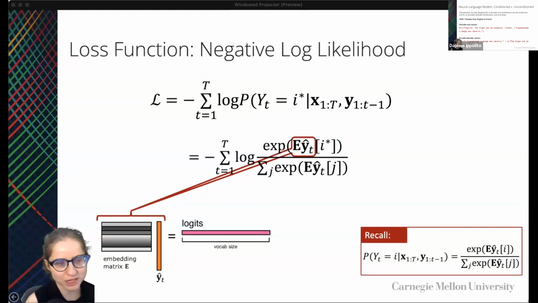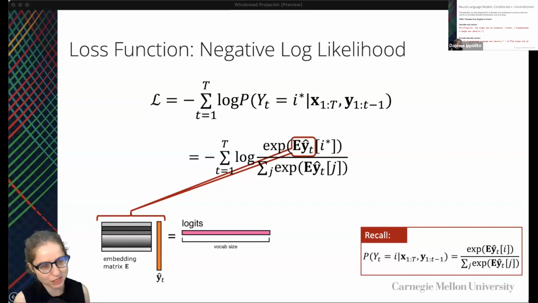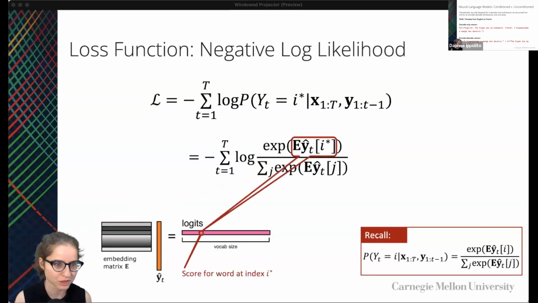We don't care about any part of it except for the position that is the true next token in the sequence. So what we care about is the position in this Logits vector that is i star. For example, we look at the score for the word at index i star, and that's what we would get here. Any questions so far?